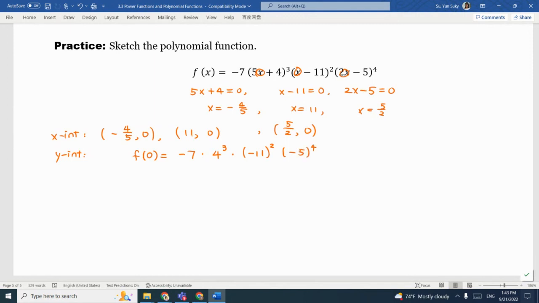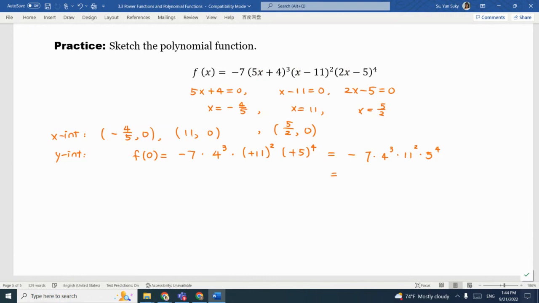Do you know negative squared becomes positive? So our answer is negative 7 times 4 cubed times 11 squared times 5 to the 4.